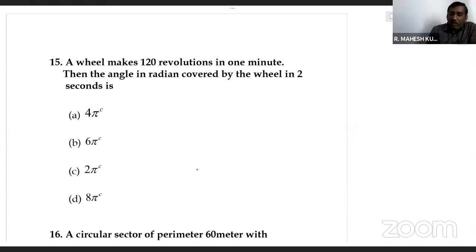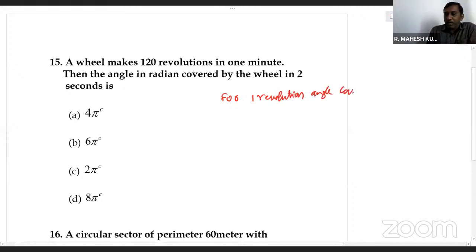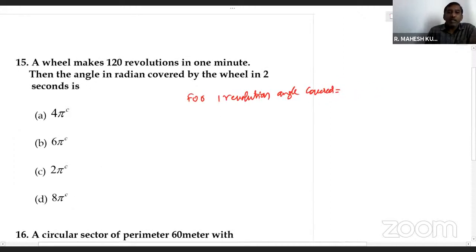So let me write for one revolution, what is the angle covered? The angle covered in one revolution is 360 degrees. I can write it as 2 pi radian.